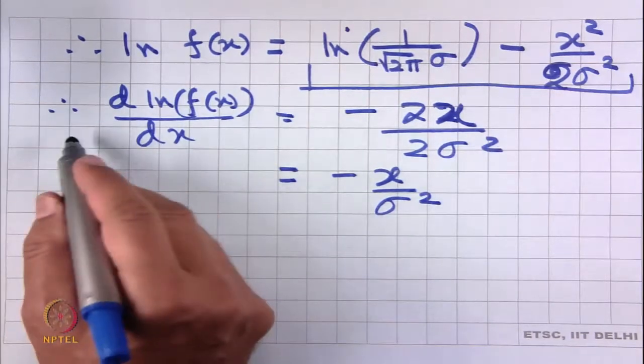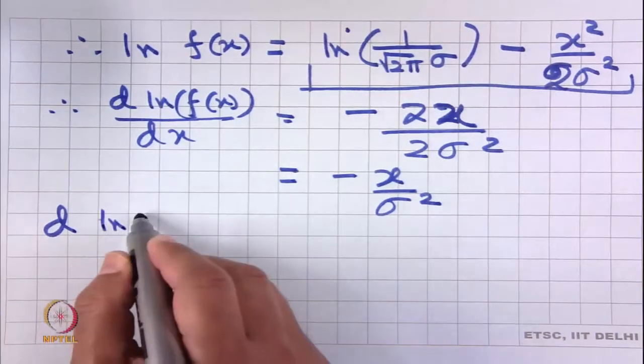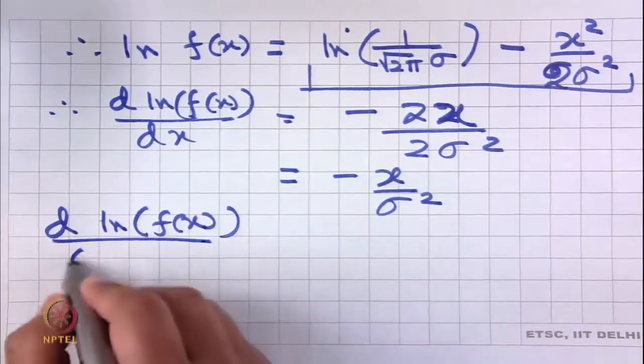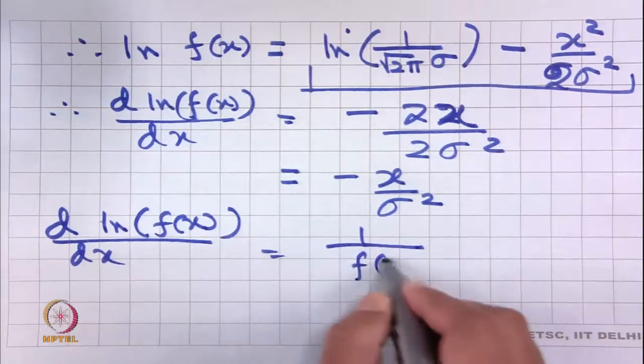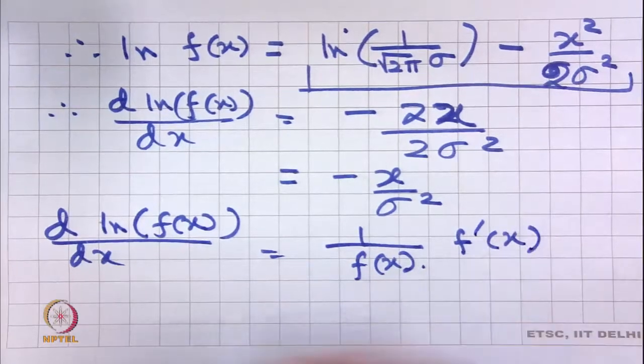Now, on the left hand side we get d log f x by dx is equal to 1 over f x into f prime x.